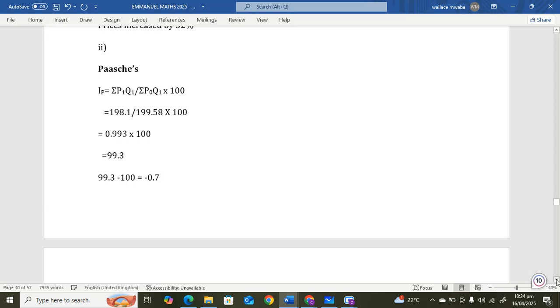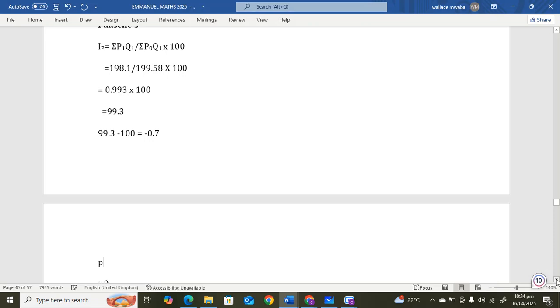So according to Paasche's index, prices have dropped by 0.7.